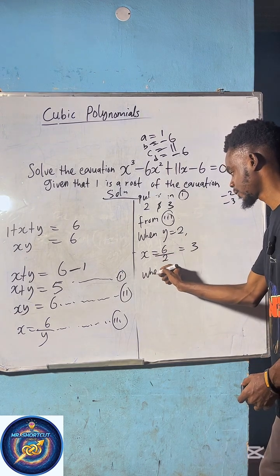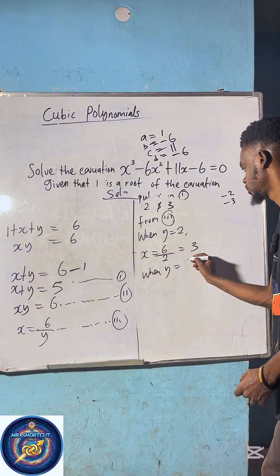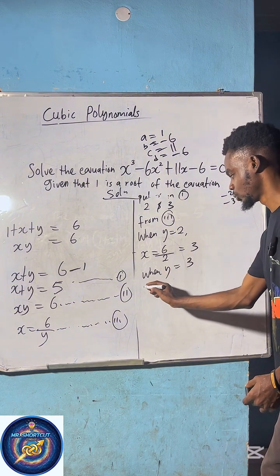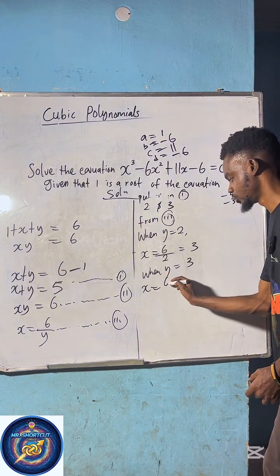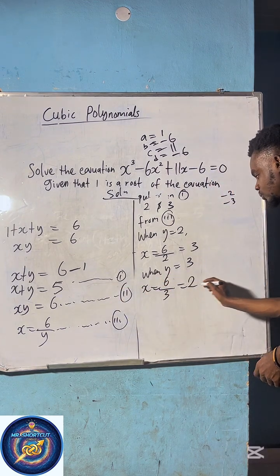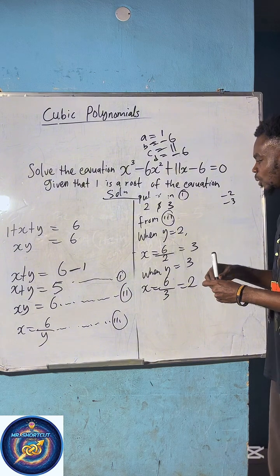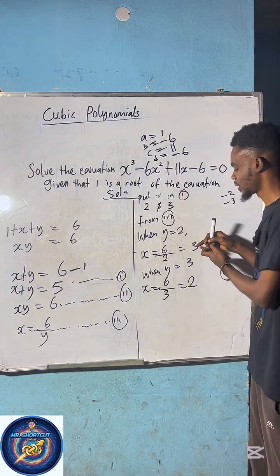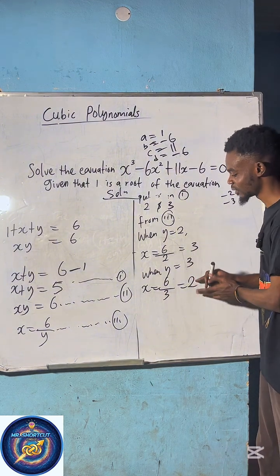And when y is 3, x will be 6 over 3, which is 2. So when y is 2, x is 3, and when y is 3, x is 2.